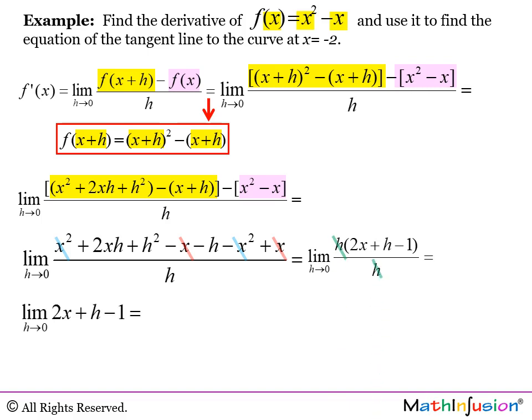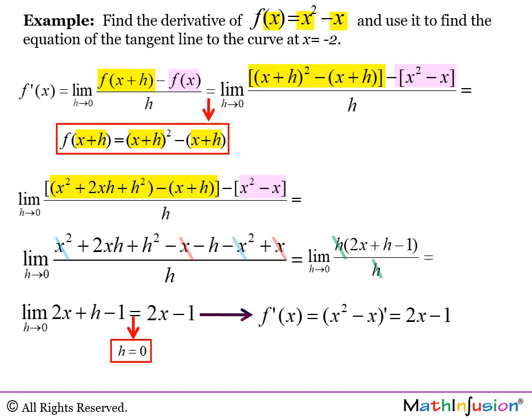And I get that. Now I can go and substitute h equals 0 for the h. And I get 2x minus 1. So we get that the derivative of x to the power of 2 minus x is 2x minus 1.